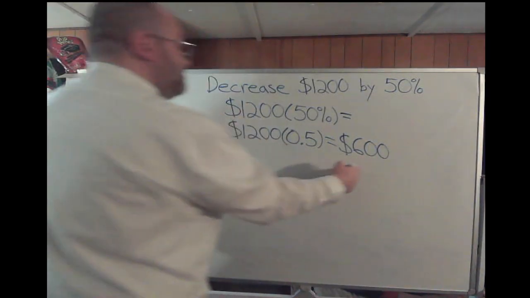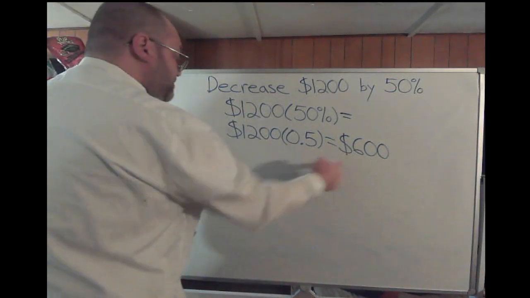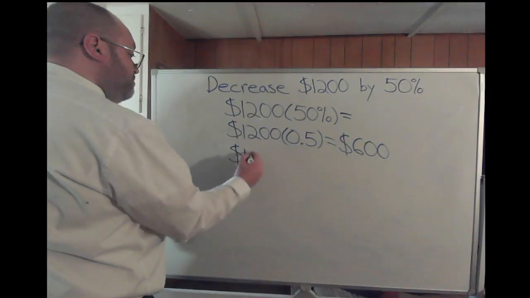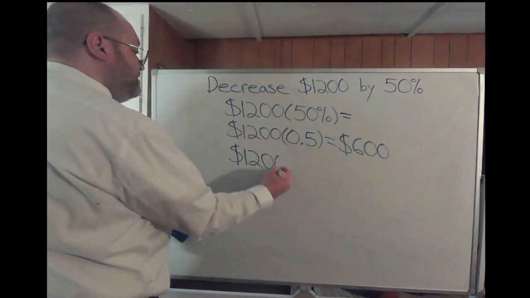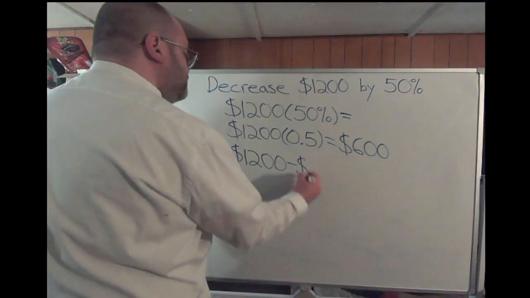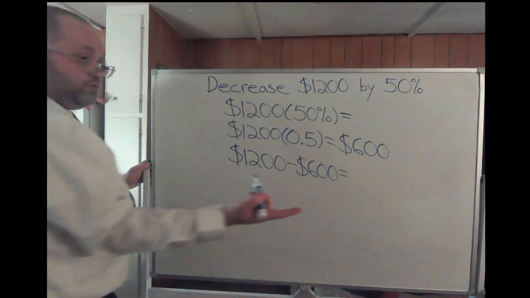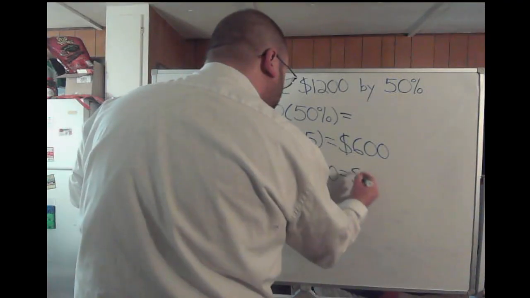So now we found our change of $600. We need to take that away from the original. Since it's a decrease, we do the original minus the change. 1,200 minus 600 is $600.